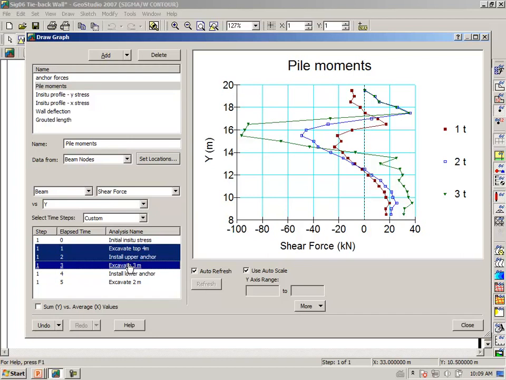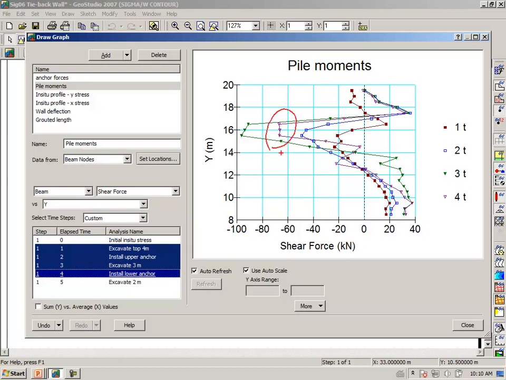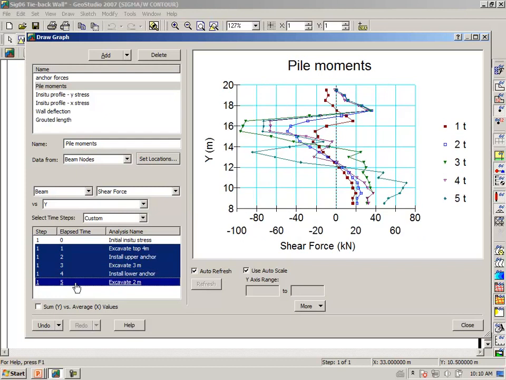The moment increases very substantially due to the excavation of the middle 3 meters. Then the moment decreases a little bit due to the installation of the lower anchor. And then finally we have the excavation of the last lift.